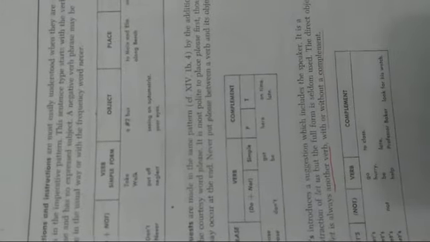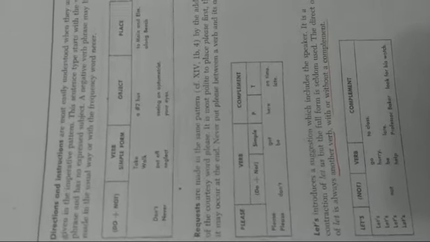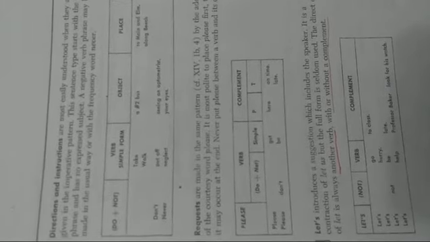So for instance, let's see these examples in the table below. Walk along the beach. Look here, we express the direction or the instruction with the use of the imperative form, and this sentence is in the affirmative form.